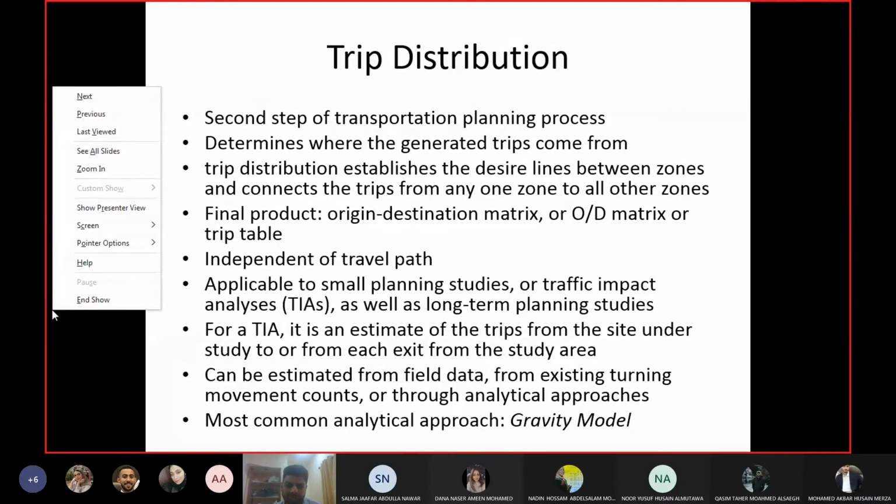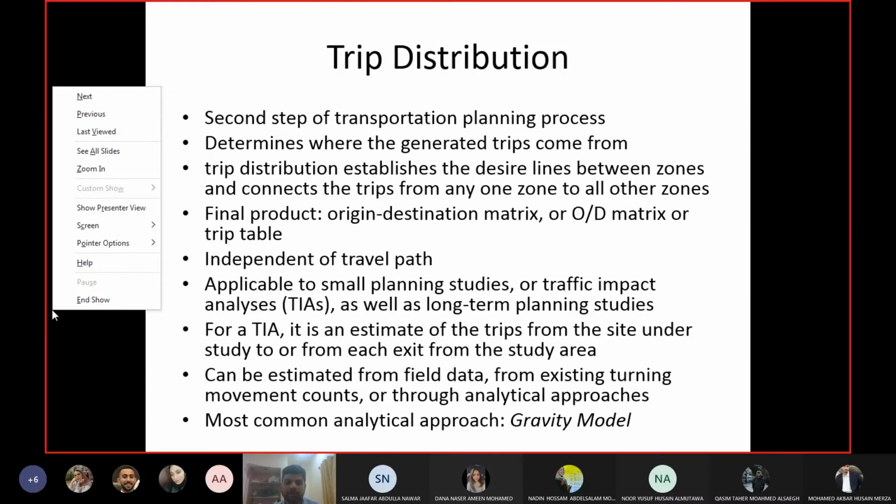You go to the intersections at the entry and exit points of your zones, and you find out how many people are turning towards zone 1, zone 2, zone 3, and you can find out the trip distribution from there. Or you can use the analytical approach. Analytical meaning you can apply some equations to find out the trip distribution.